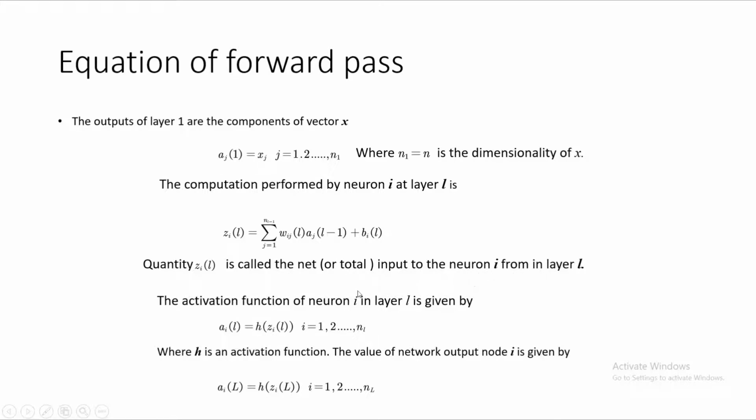After we get this net input, we feed it to the activation function, and we get the activation value. Here h is the activation function, and the value of the network output i is given by a^L_i, which is the output. L indicates the output layer.